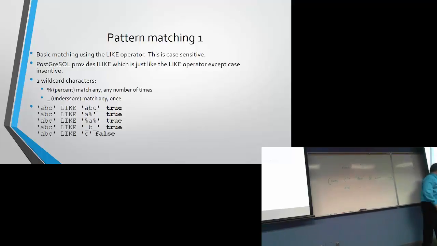Here's the other one. 'ABC' LIKE '_B_' is true because B is in the middle. However, 'ABC' LIKE 'C' is false because it's not an exact match.